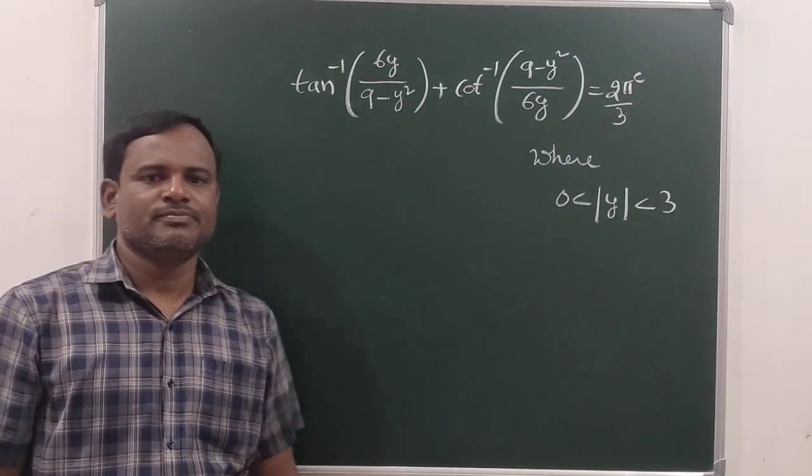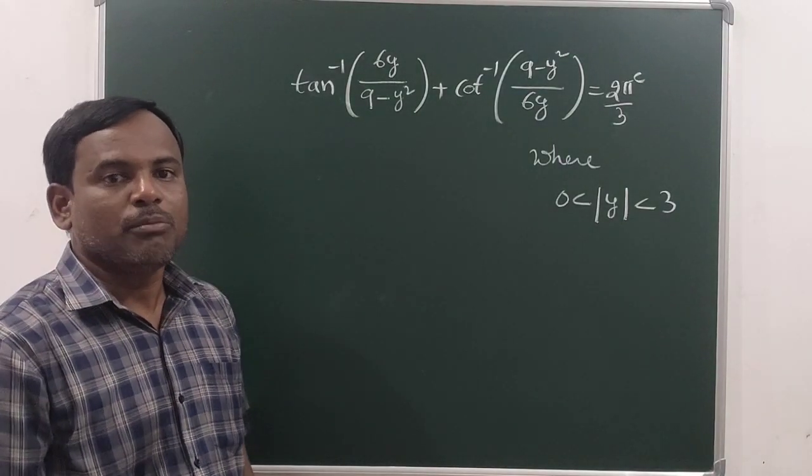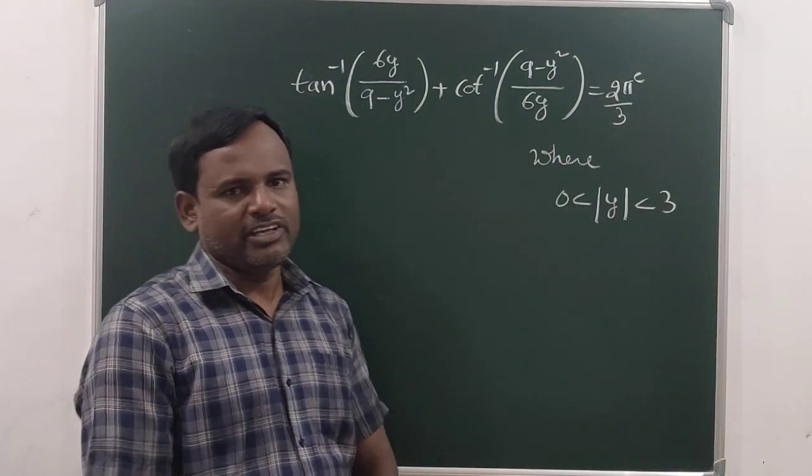This is the question. What you have to find for this? The sum of solutions of this inverse trigonometric equation.